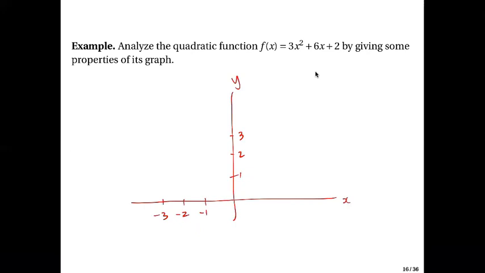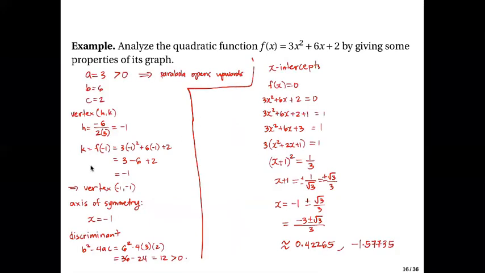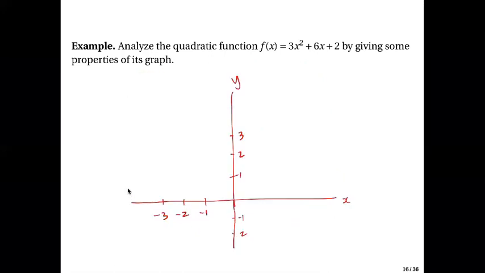And then below here, you have negative 1, negative 2, etc. And the vertex, according to our calculation, is negative 1 comma negative 1. So it's at this point here.